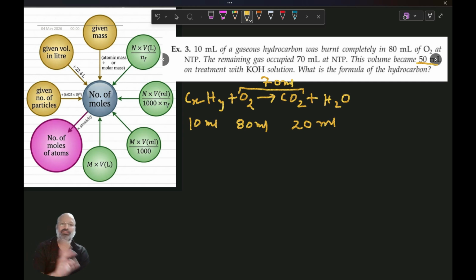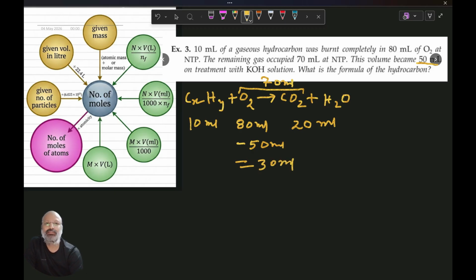So when 20 ml is gone from the 70 ml, whatever 50 ml is left is nothing but oxygen gas. So leftover oxygen gas is 50 ml. How much oxygen is actually utilized? Utilized oxygen is 80 minus 50 leftover oxygen gas, so it is nothing but 30 ml.